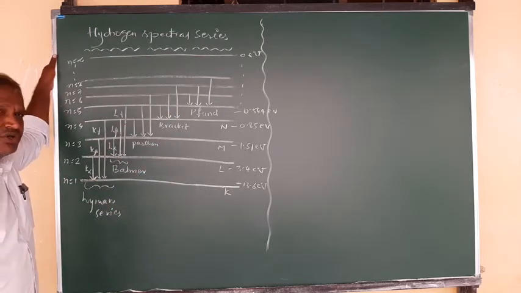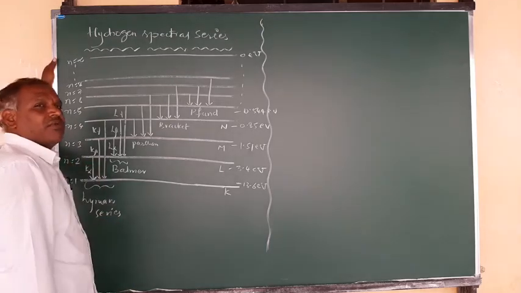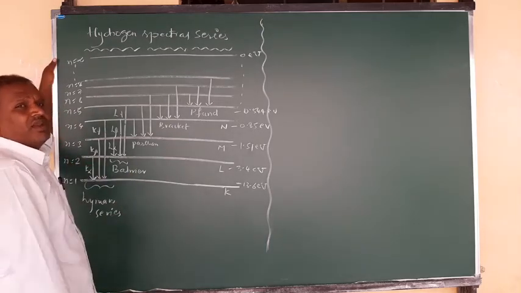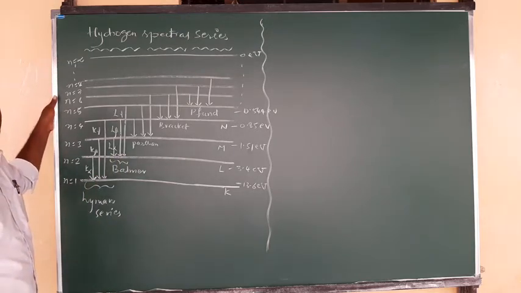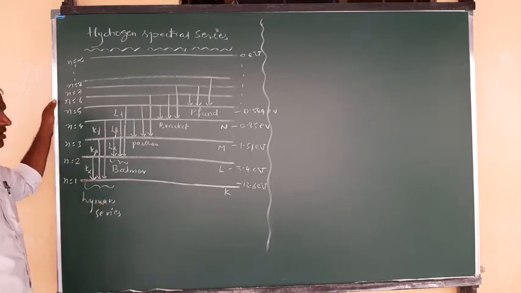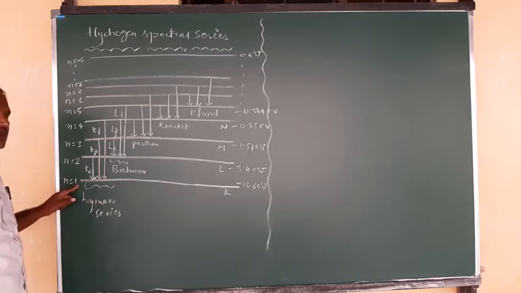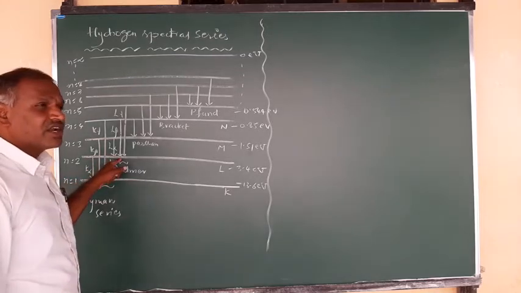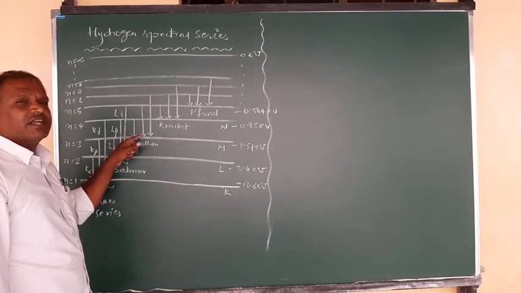In questions they will ask only these names, K alpha or K beta, K gamma. That means you have to remember the n1, n2 values, and from there you can find the wavelength emitted during the transition. So for the Lyman series the electrons are getting into n is equal to 1, for the Balmer series into n is equal to 2, and Paschen into n is equal to 3.